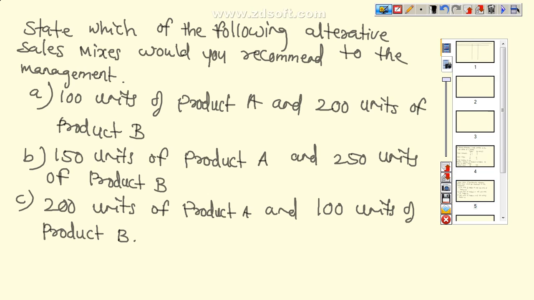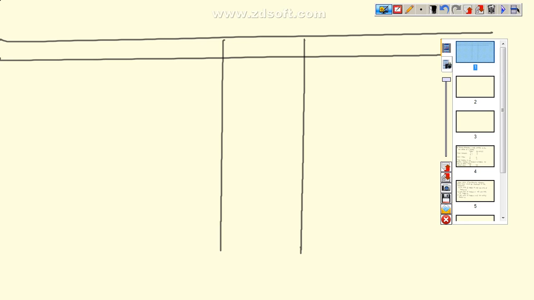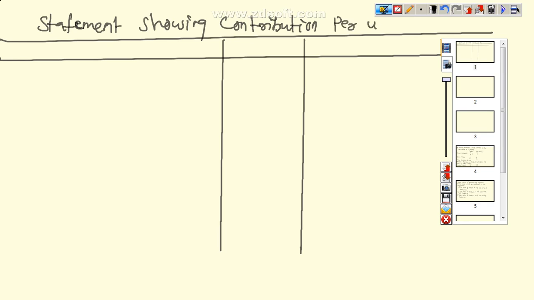So first we have to prepare the statement showing contribution per unit. Now the concept of decision making is similar to marginal costing, because this chapter shows how marginal costing helps in decision making.